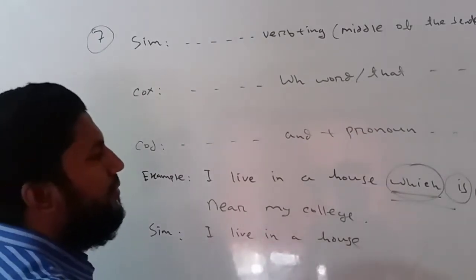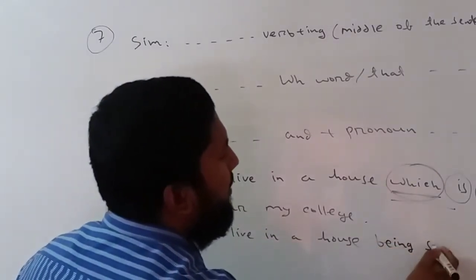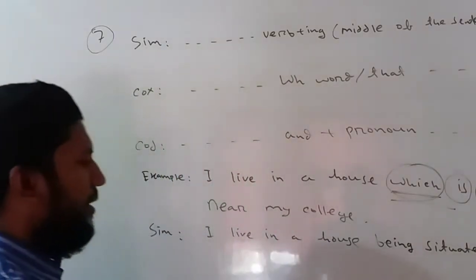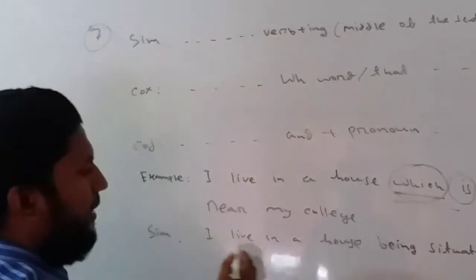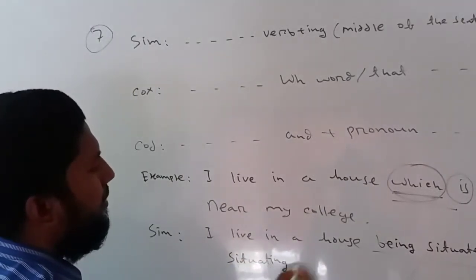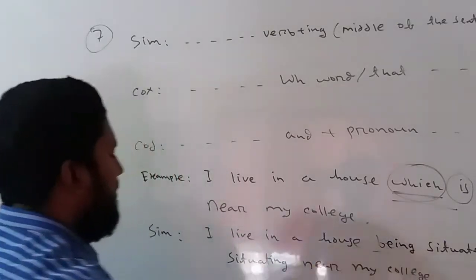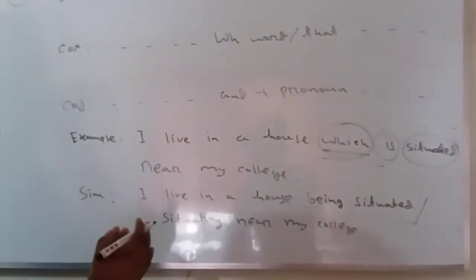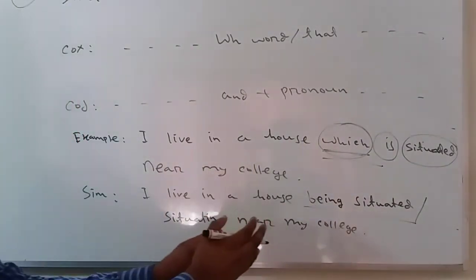If you use the ing of is, then you will have to write I live in a house being situated near my college, or you can drop is and use the ing of situated: I live in a house situating near my college. So the answer is I live in a house being situated or only situating. If you write situating, then you need not use being. This is the simple sentence.